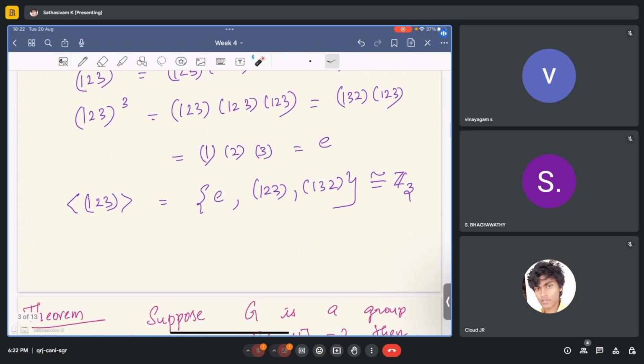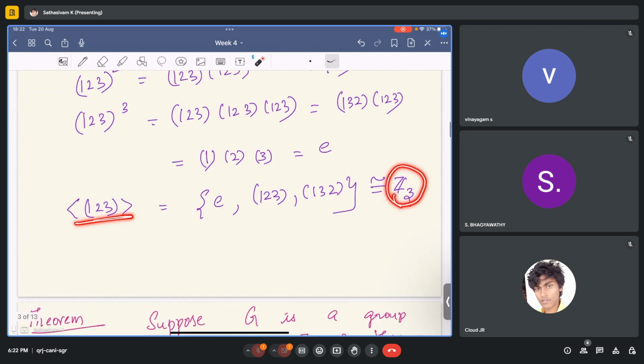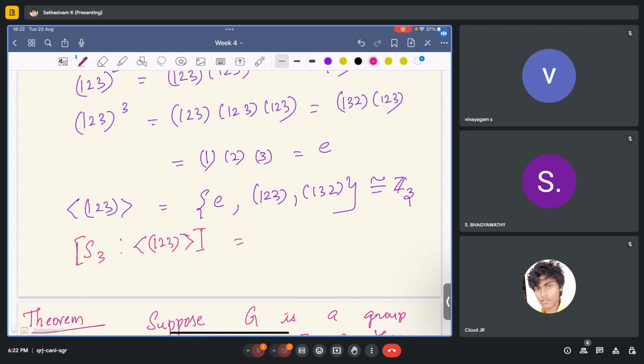So here, if you observe, this group has order 3, right? Look at S3. You look at the index here, S3 divided by this particular group. This index is nothing but the size of S3 divided by the size of this group.